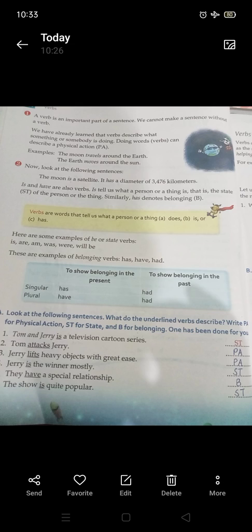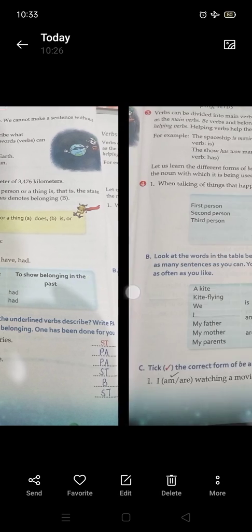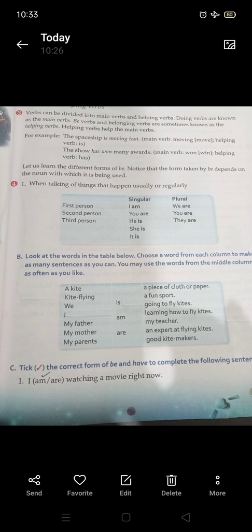Jerry lifts heavy objects with great ease. Physical action. Jerry is the winner mostly. State. They have a special relationship. Belonging. The show is quite popular. State. Next, verbs and helping verbs.